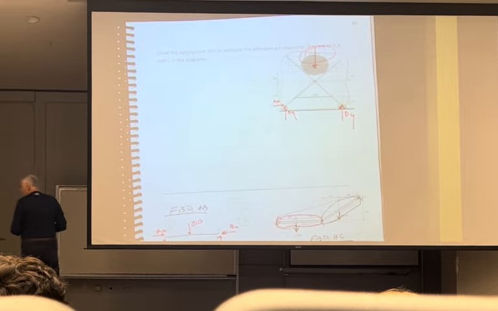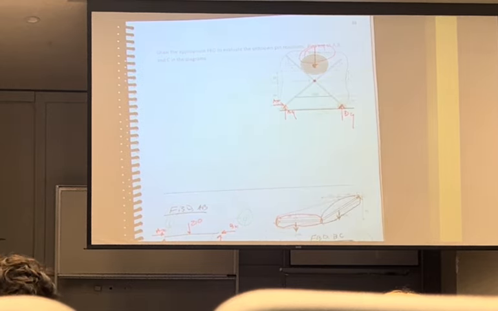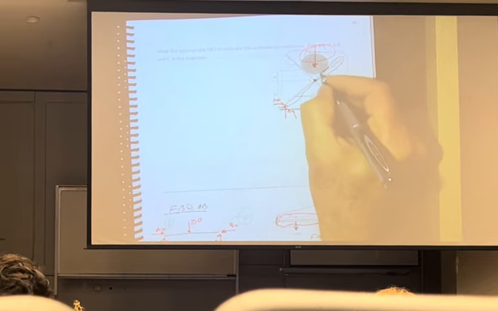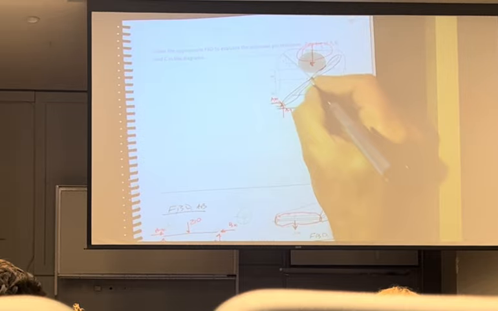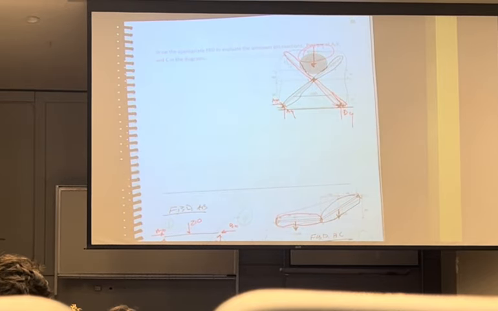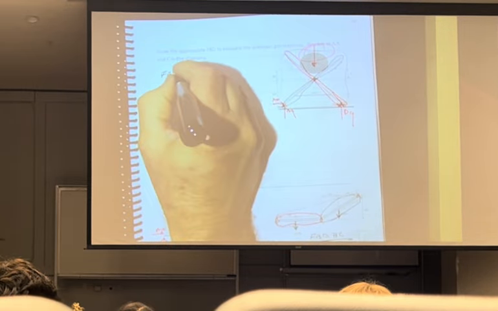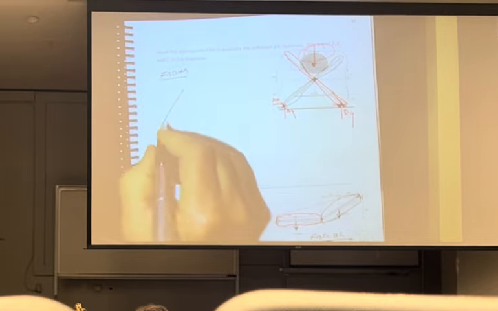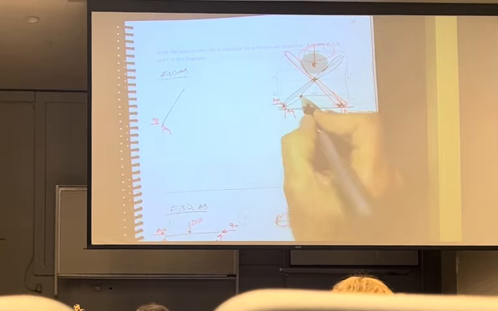Therefore, I can't calculate B. So if I ask you to calculate B, the pin reaction right here, you're going to have to cut through here, cut through there, go around, cut through here, and back. So now, I would say my free body diagram of AB should look like this. I should have an AY, AX, but I touched this cable here.